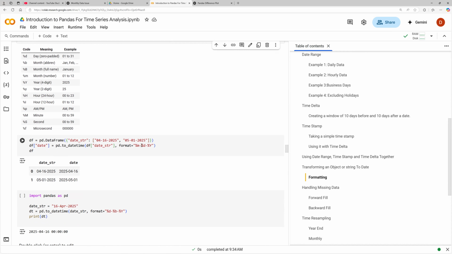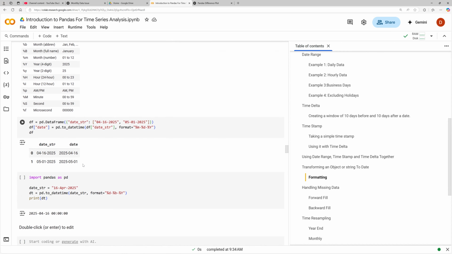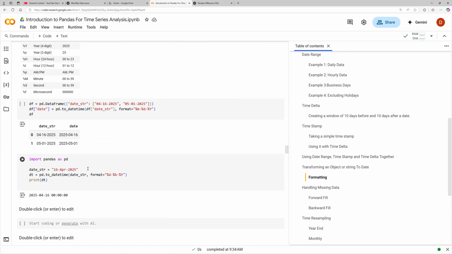You would think that it would come out in this format, but this is the way it comes out. And then the same with here. This is the day, month, year, and we get this. Okay, because of the input. The input is day, month, and year, and then we use the datetime and it transforms to this output.